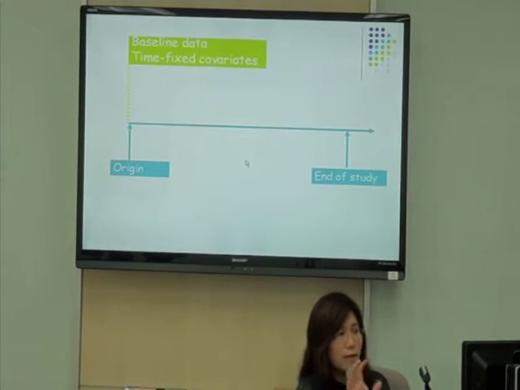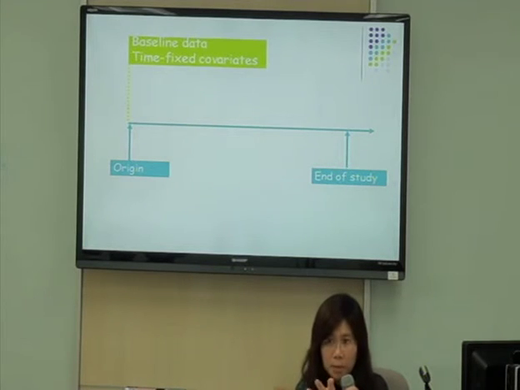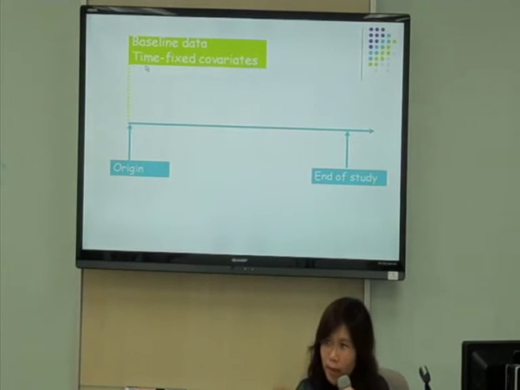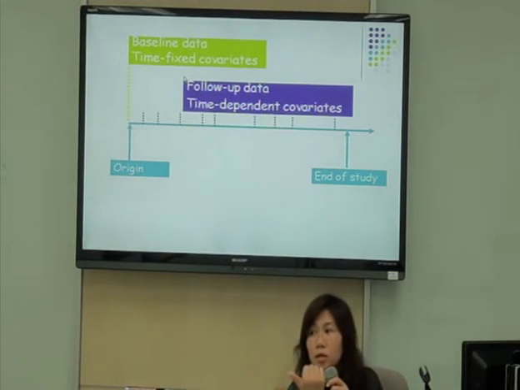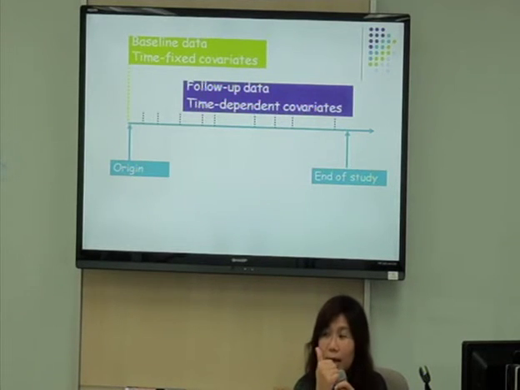If you look at this, you have two sets of covariates. The first one is the baseline data, which should not change over time, so we call it a time-fixed covariate. Like gender, which should not change, or maybe it changes, with transsexual people.